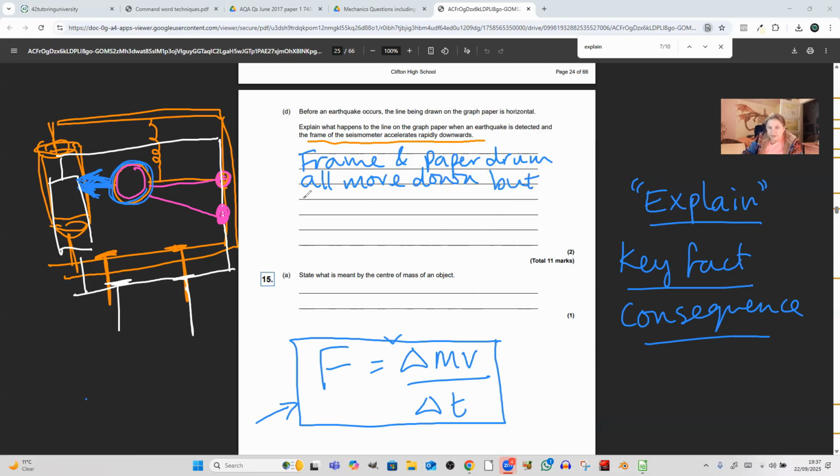But the pen and ball arrangement, the massive ball, and the pen, because that's attached to it, stay where it is initially. Okay, so the drums move down past it. Can you see that?